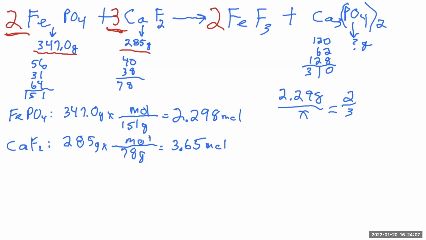So 2x, cross multiply, equals 2.298 times 3. So x equals 2.298 times 3 divided by 2. So that equals 3.45.